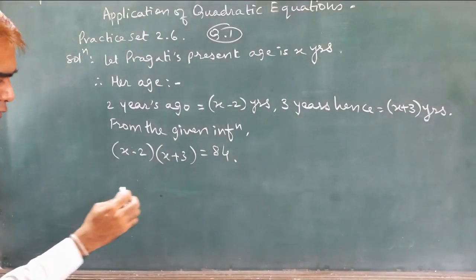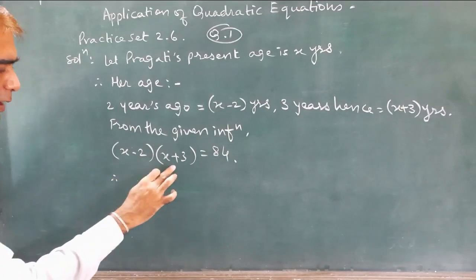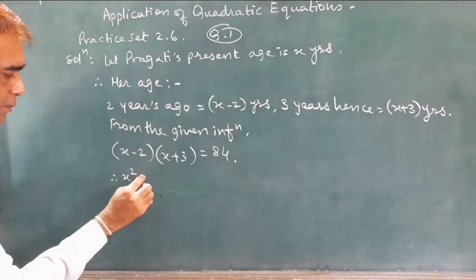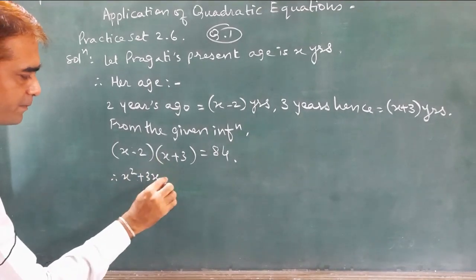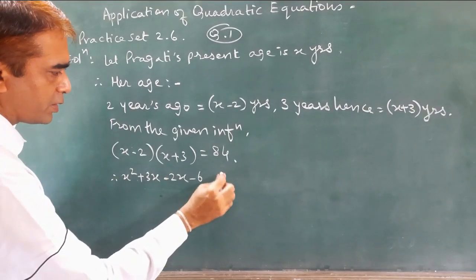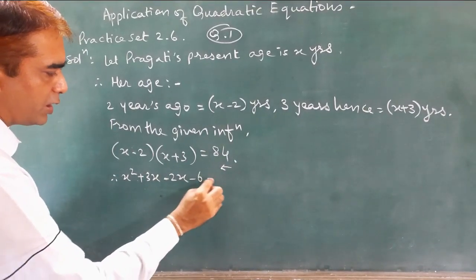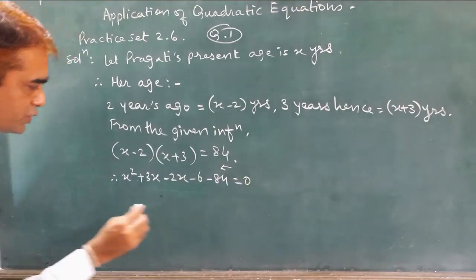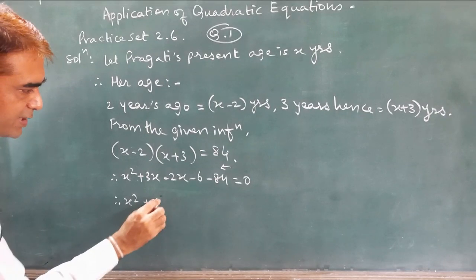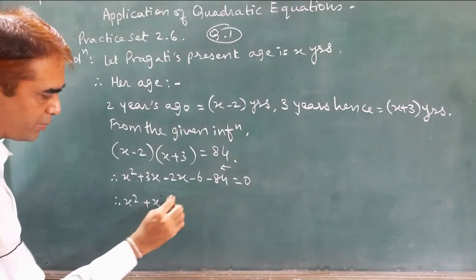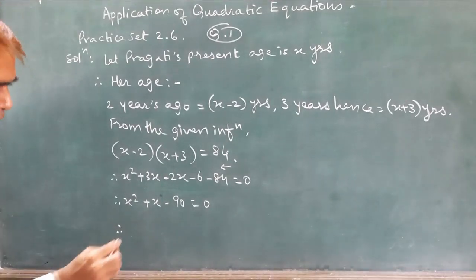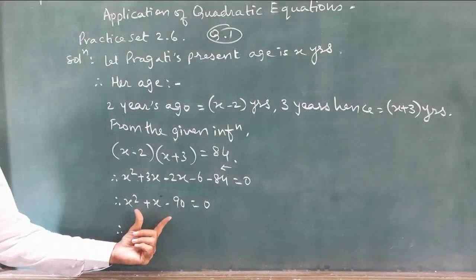Now we'll open the brackets. x multiplied to the second bracket: x into x is x square, plus 3x minus 2x and minus 6, and we'll bring 84 to the left side. Minus 84 equals 0. Therefore x square plus x minus 90 equals 0. Now we have got the quadratic equation in standard form.